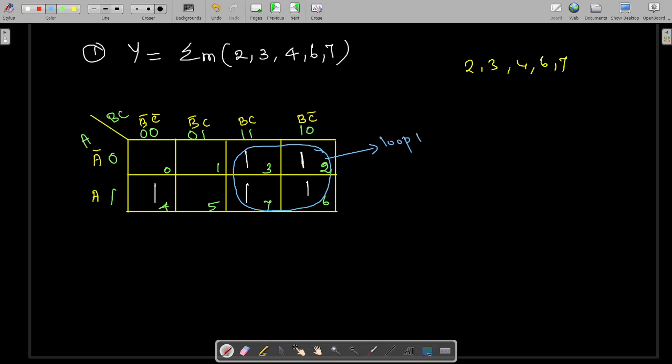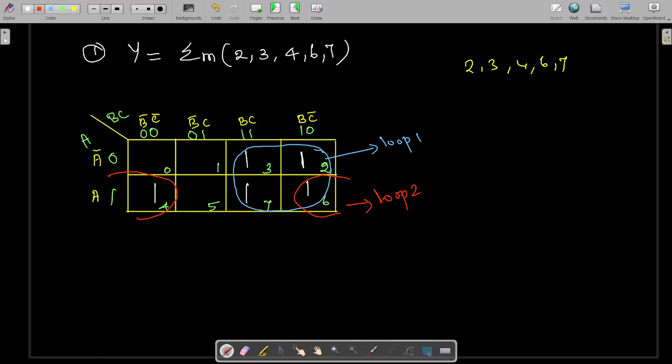We cannot leave a 1 left out unless there is no possibility. Here we have the possibility of grouping this one with this one, so I make this loop 2. Here we have two ones combined together.